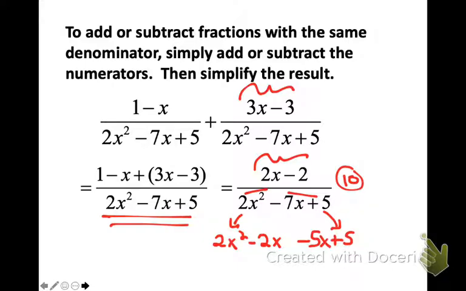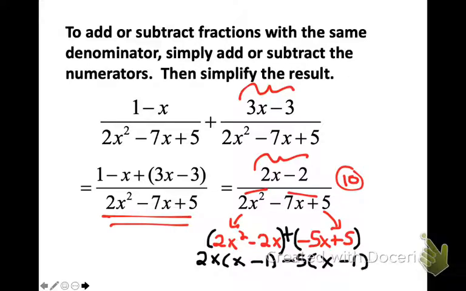Then we're going to factor by grouping. So I'm going to place parentheses, put a plus sign in between, factor out a 2x, so we have x minus 1, factor out a negative 5, x minus 1. So we end up with our leftovers, 2x minus 5, and our lookalikes, x minus 1.